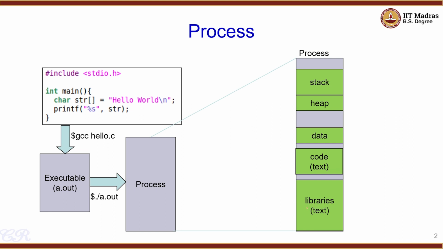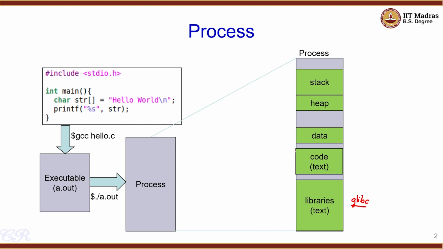One of the most default libraries is called the libc or glibc, and most standard functionality of your programs such as printf, scanf, fopen, fclose, and so on would be part of this libc library. The libc library also comprises instructions, and therefore it is also code, but we consider it separately in this slide for a reason which becomes apparent as we progress.